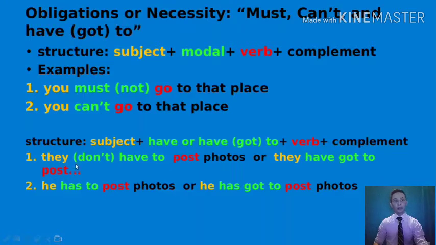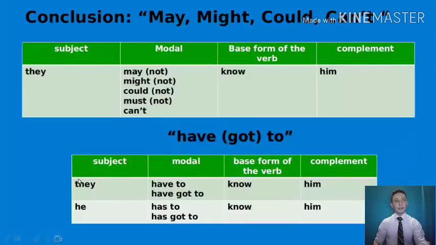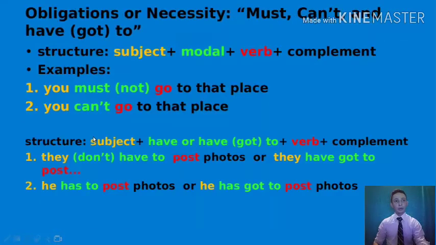Example number 1, they don't have to post photos, or they have got to post photos, or whatever. Then, well, you can already see this example here. I'm not going to read it because I have to do it quickly.